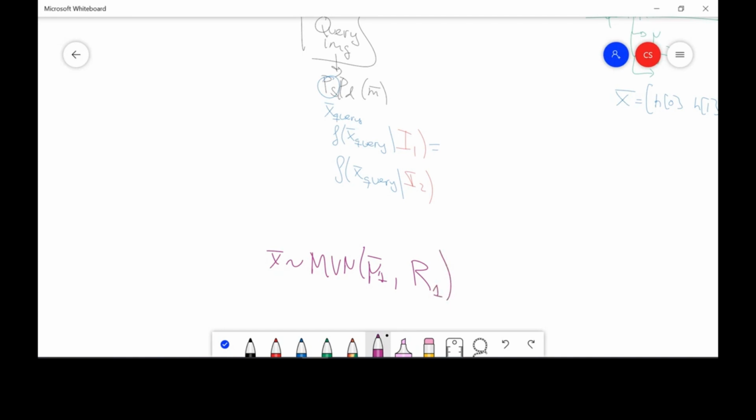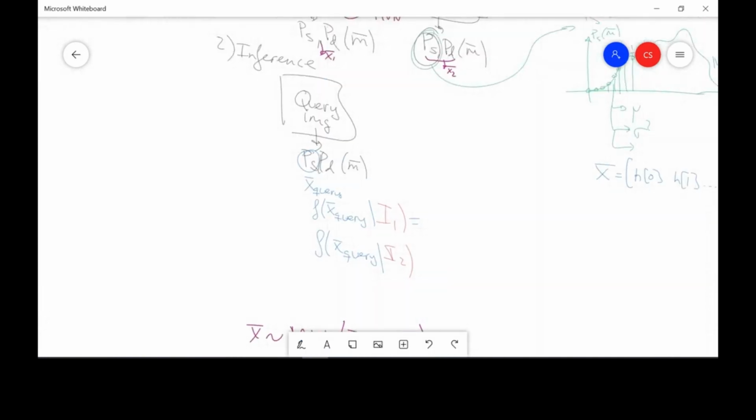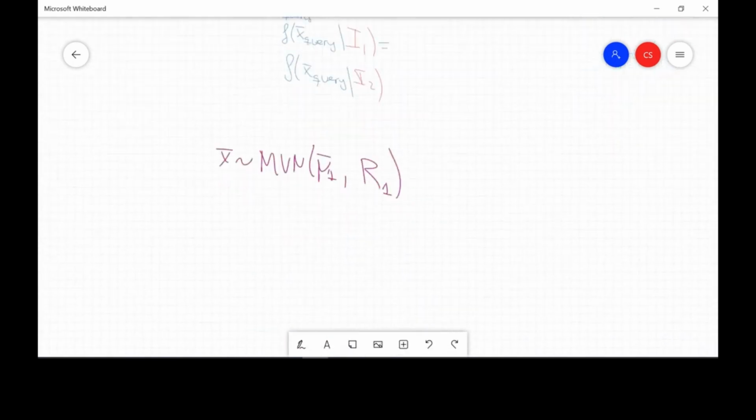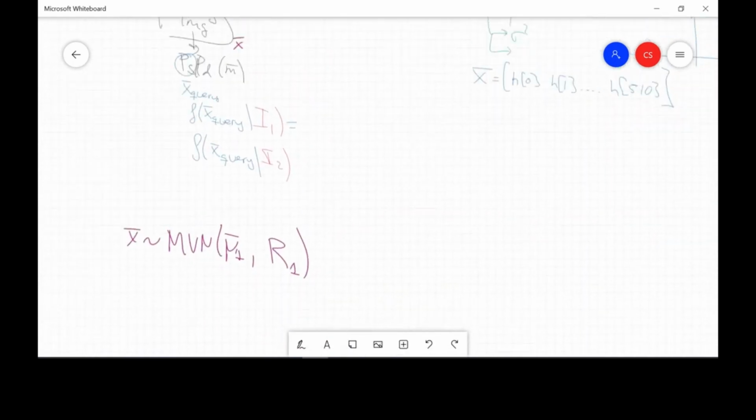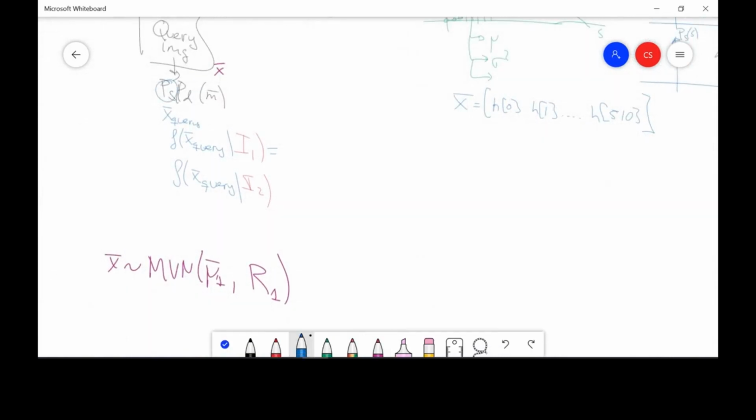And then, for this new image, the query image, I can also compute the summary. I can compute the summary of all these histograms. And now, for the classification, I compute the same.